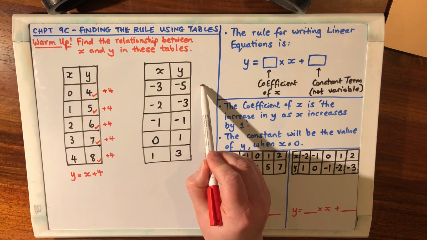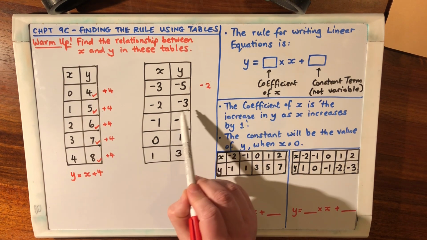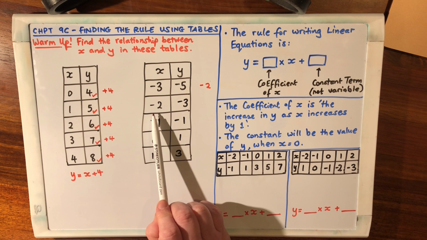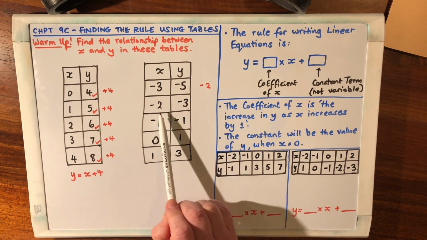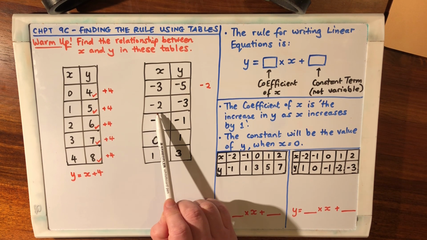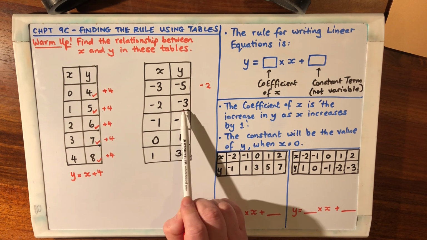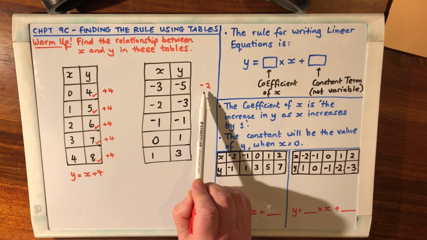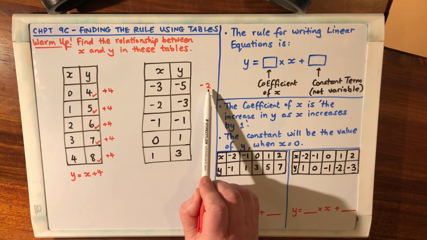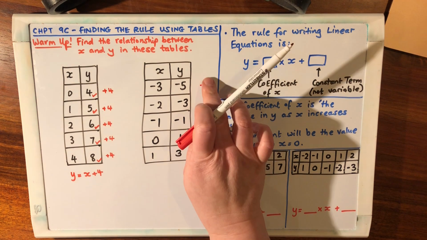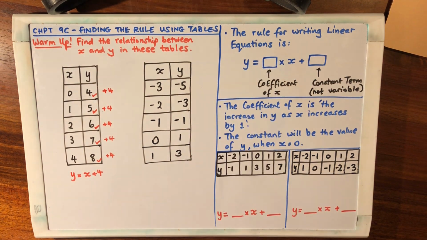So does subtracting 2 work for all of these pairs? Let's do -2 minus 2. We know -2 minus 2 is -4, so that rule does not apply, because the answer here should be -3. This rule does not actually work, so it can't be minusing 2.